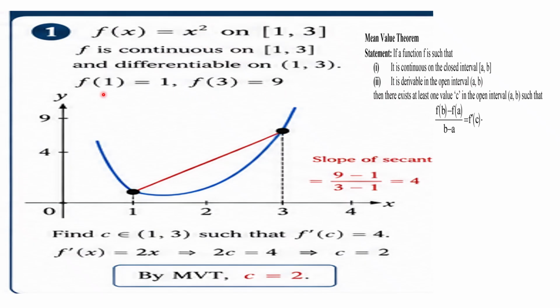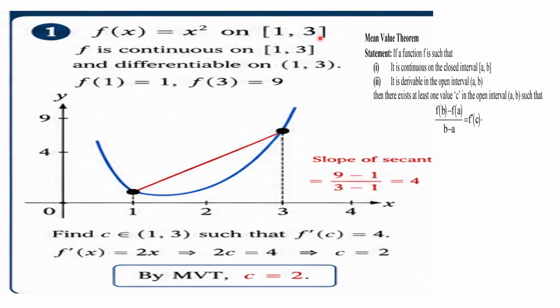Here if we replace x by 1, then 1 square is equal to 1. So by the mean value theorem we have to find the slope of the secant line by this: f of b minus f of a over b minus a. So f of b is of course 9 and f of a is equal to 1.